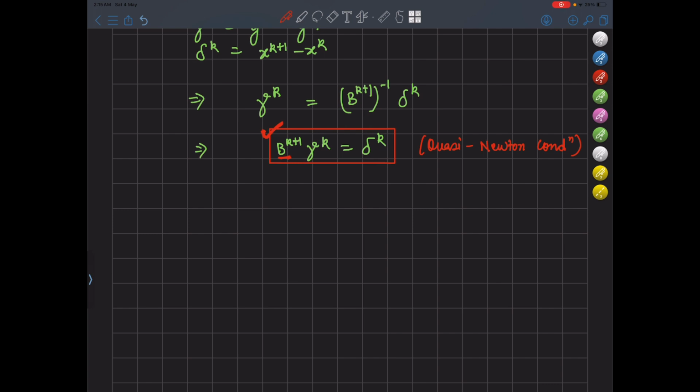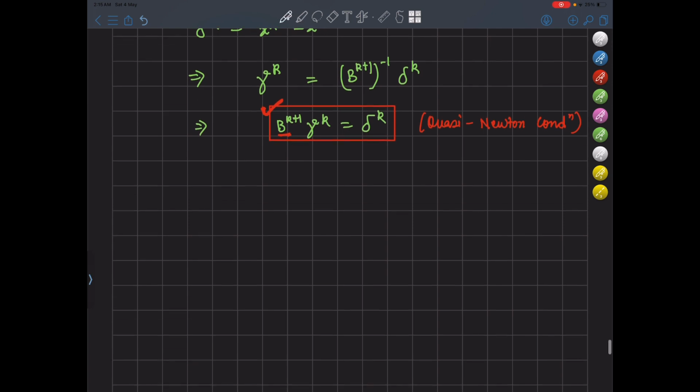Now let's analyze this condition a little bit. The Quasi-Newton condition is bk plus 1 gamma k equal to delta k. Please note the requirement of bk plus 1: it should be symmetric and positive definite.